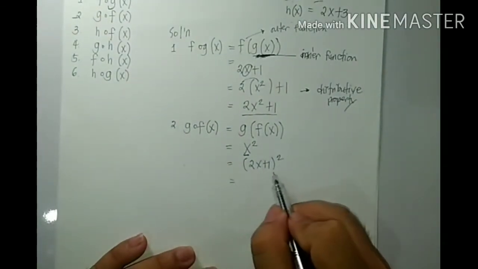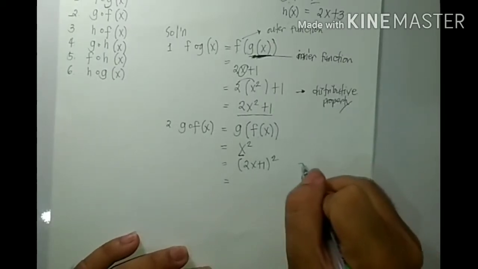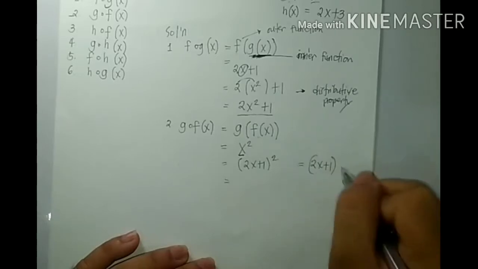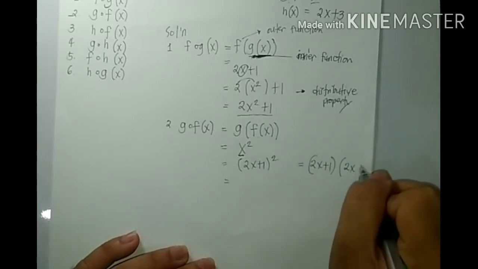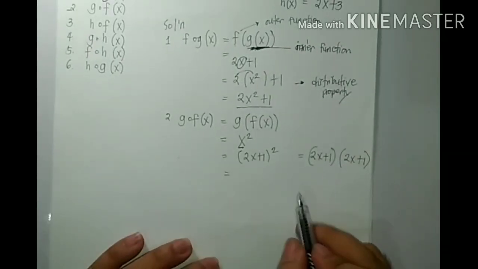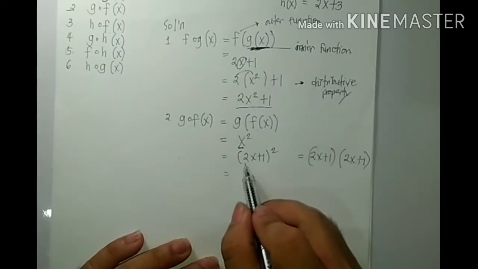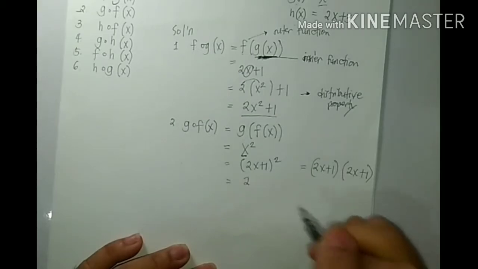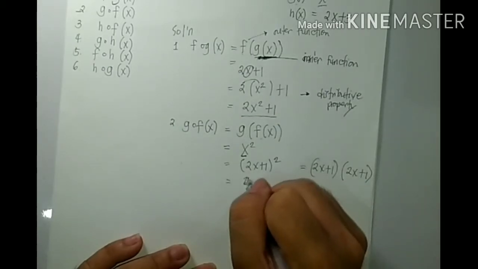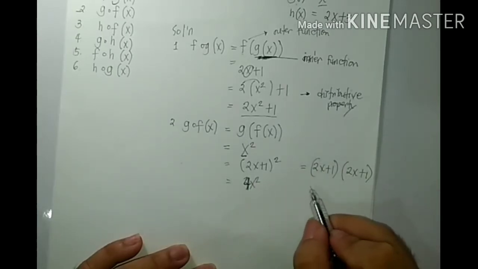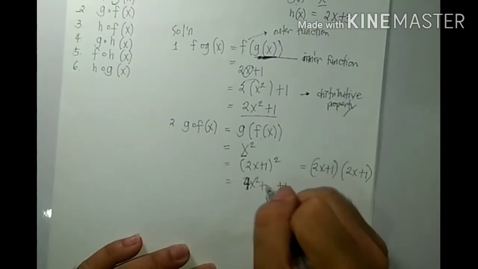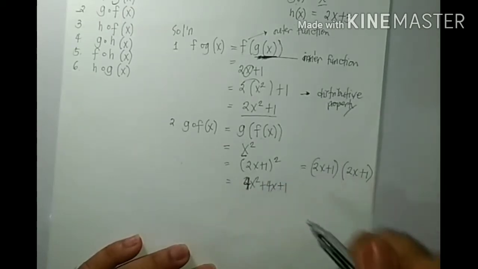Now 2x plus 1 squared can be written as 2x plus 1 times 2x plus 1, and this will become 4x squared plus 1 plus 4x.